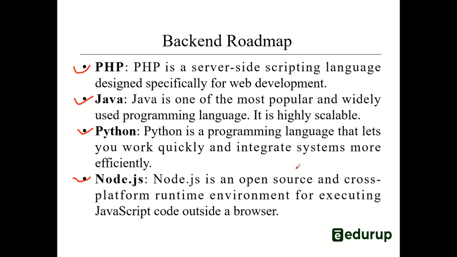With the MERN stack, if you have the internet, every programming language will work. If you're not having the internet also, sometimes MERN will be working. That is the more advantage.